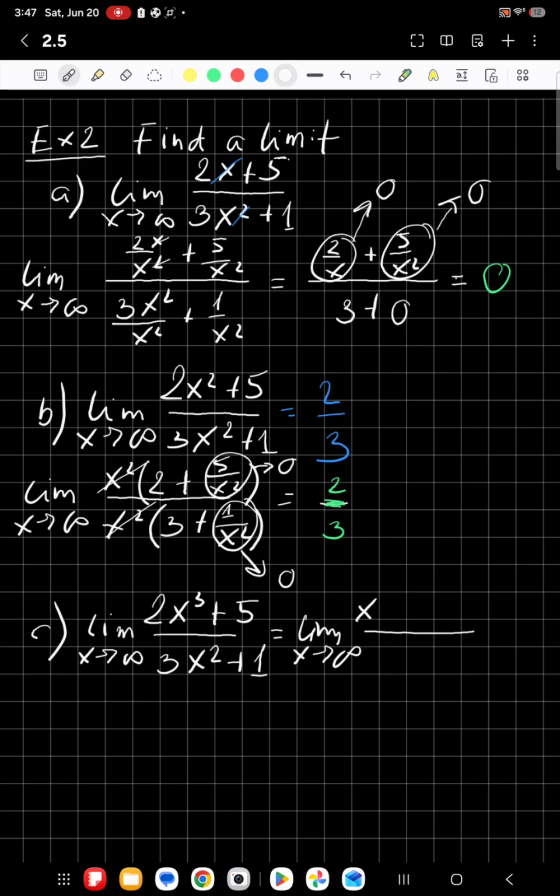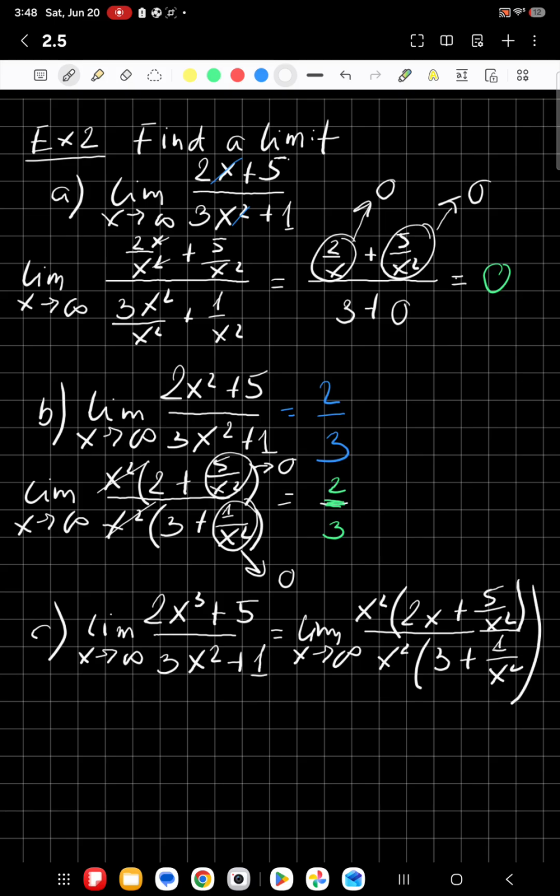On top, if I factor, we'll have x squared times 2x plus 5 over x squared. And at the bottom, again, x squared out, so 3 plus 1 over x squared.